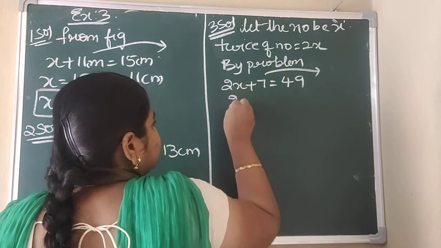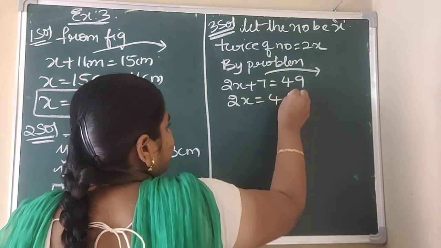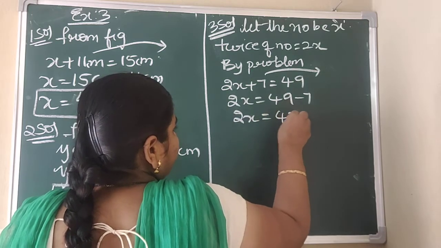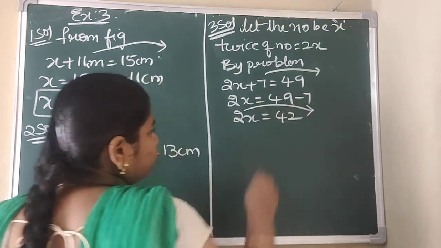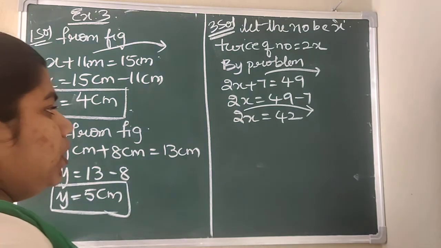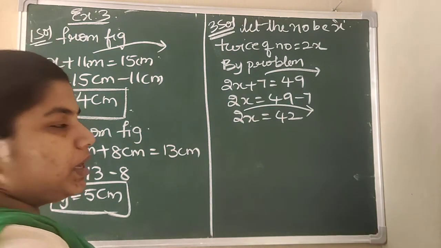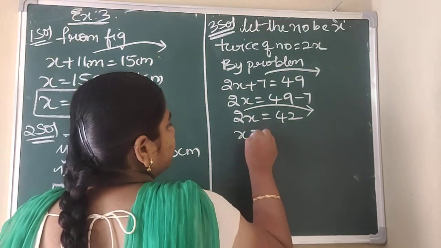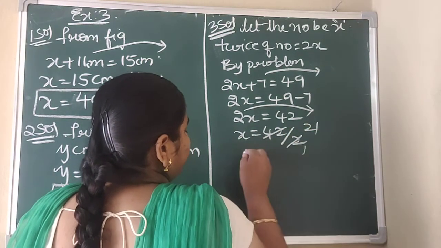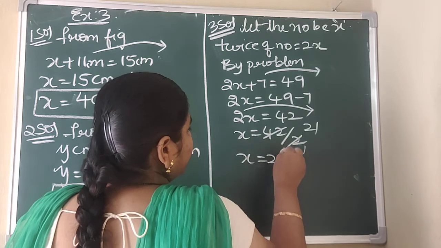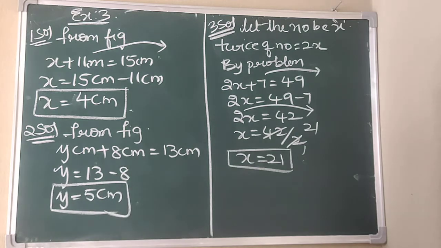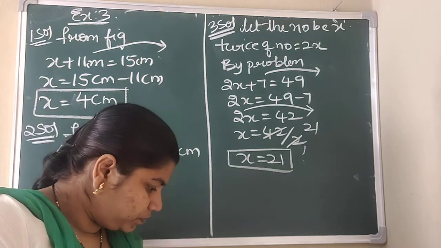Transpose 7 to the other side, so 2x will be equal to 49 minus 7. So 2x is equal to how much? 42. So transpose 2 to the other side, 2 is in the form of multiplication, so if you transpose that it will be converted to division. So x is equal to 42 by 2, 2 ones are 2, 2 twos are 4. So what is the x value here? 21. Okay, so this is our third solution.